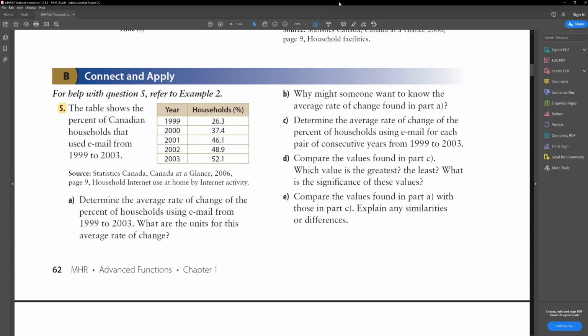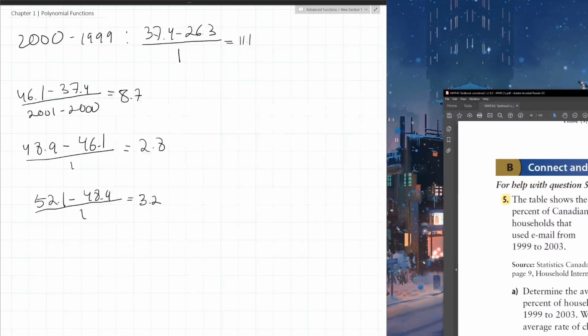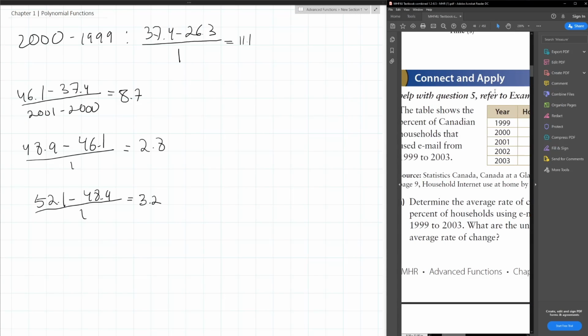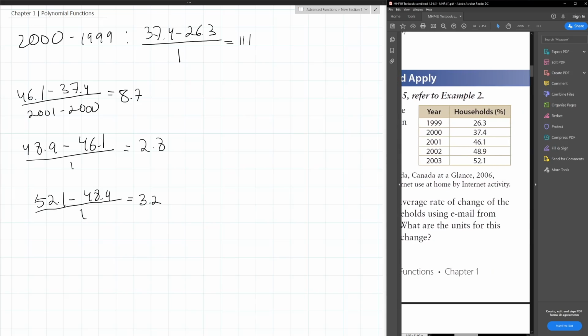What's next? Compare the values found in Part A with those found in Part C. Explain any similarities or differences. Okay, well, in Part A, I don't think I actually wrote that down, so let me do that quickly.